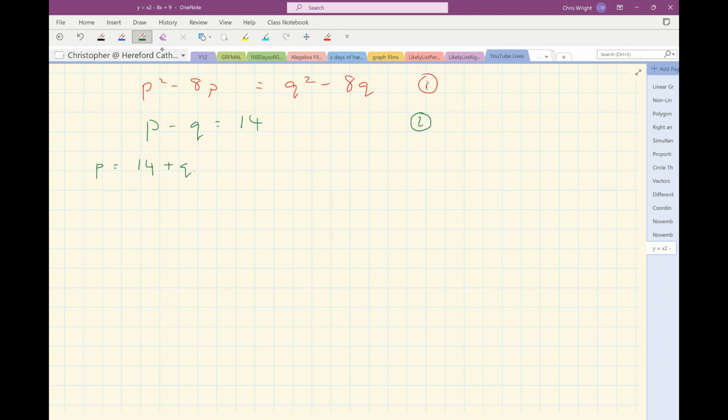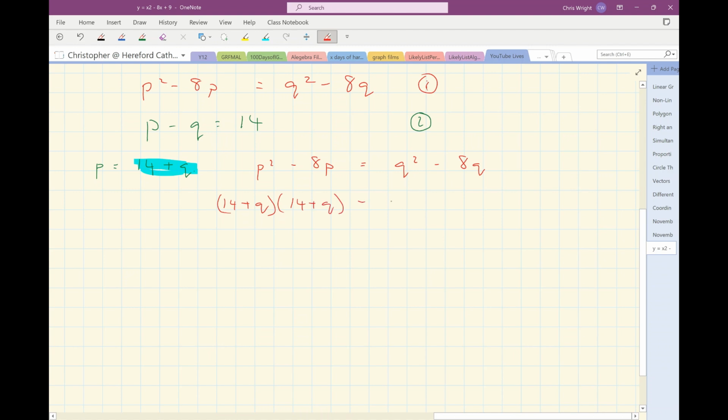So now, have a look at equation 1. P squared minus 8p equals q squared minus 8q. Let's substitute in p equals 14 plus q. So instead of p, I'm going to write 14 plus q. So I'm going to have p squared, 14 plus q squared, minus 8p, well that's minus 8 times 14 plus q, and that's going to equal q squared minus 8q.